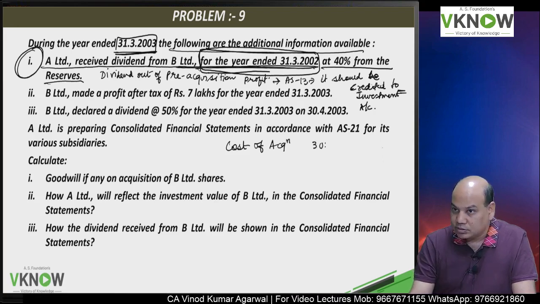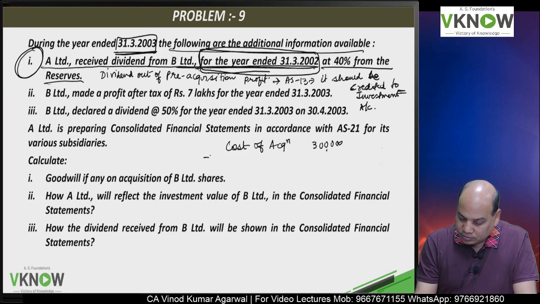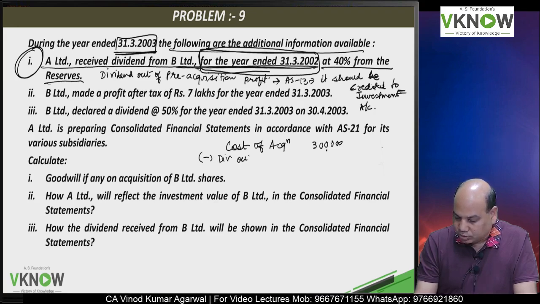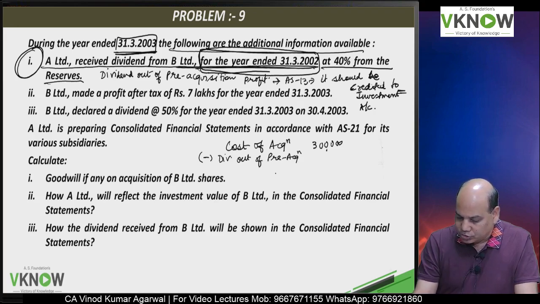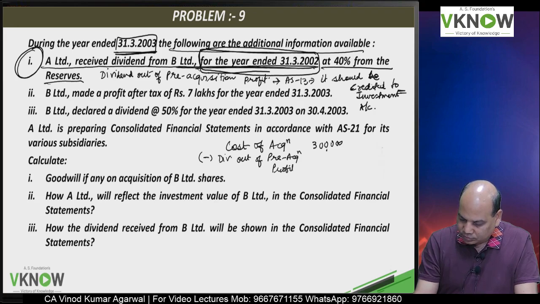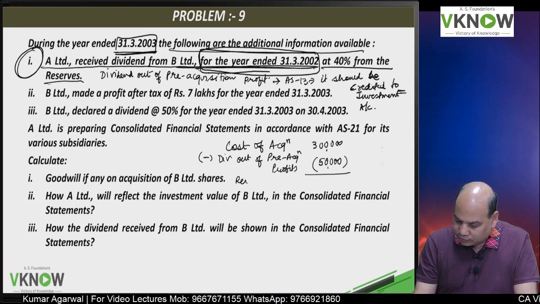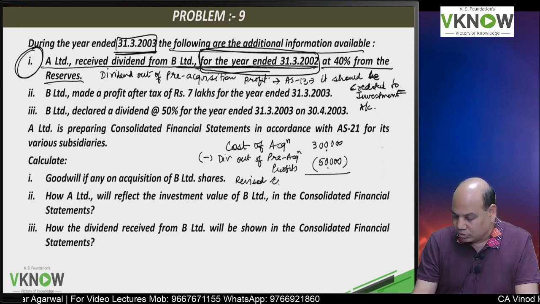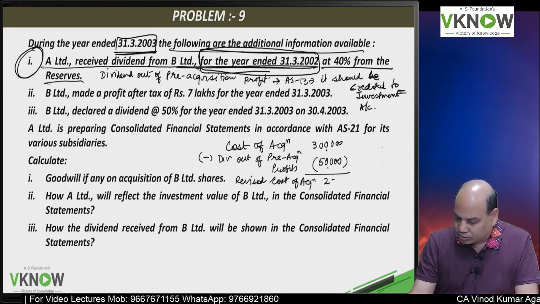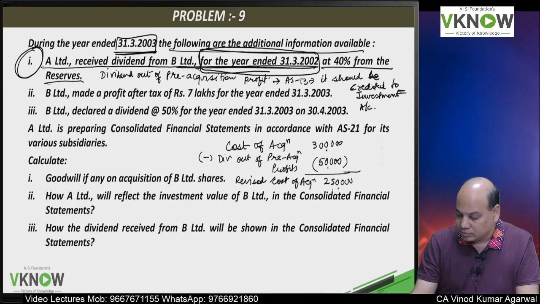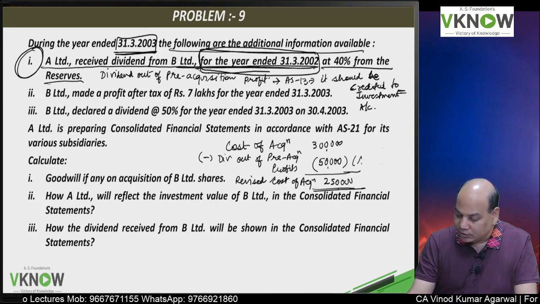Cost of acquisition 3 lakh less dividend out of pre-acquisition profit is 50,000. So my revised cost of acquisition will become 2,50,000.